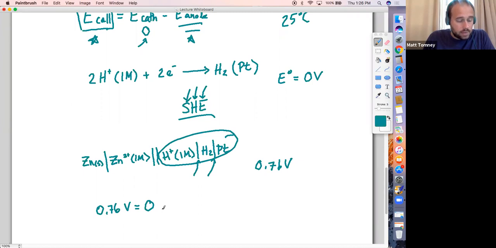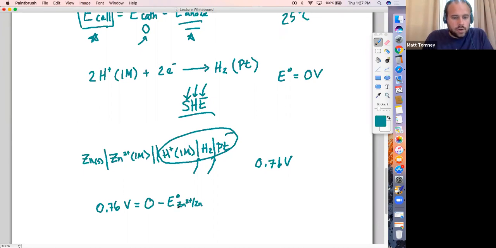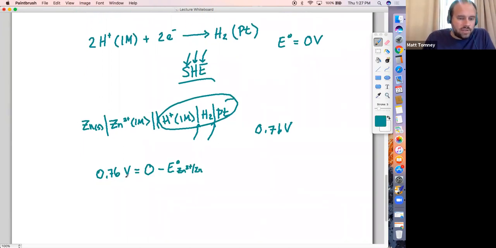So that half cell is 0, which then only leaves the half cell for the zinc 2+ / zinc half cell. Okay, so if I take a look at this, 0 drops out. That means 0.76 volts equals the negative E cell potential for zinc.